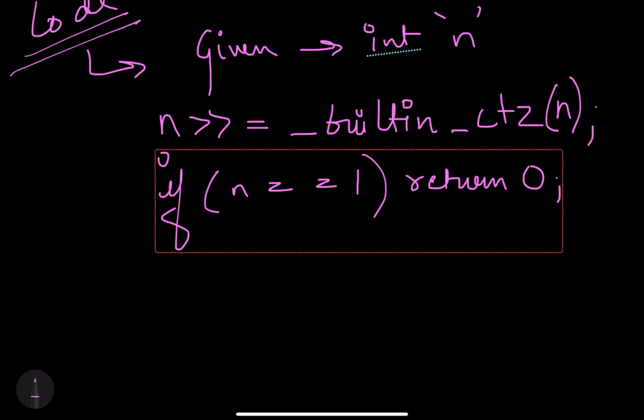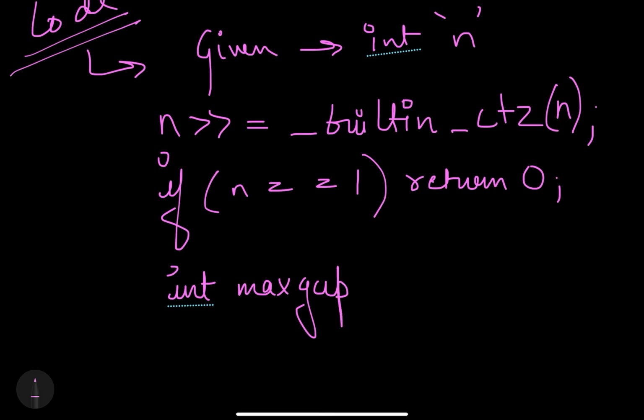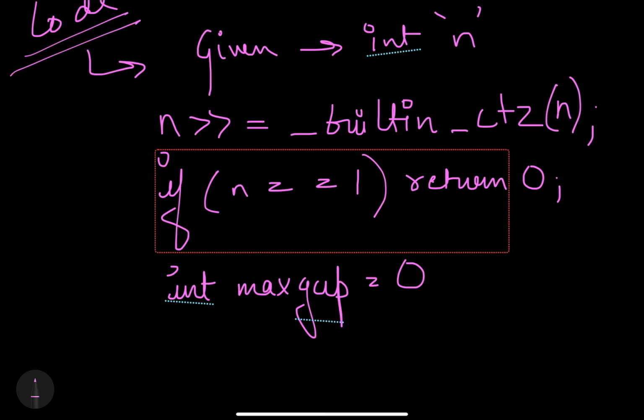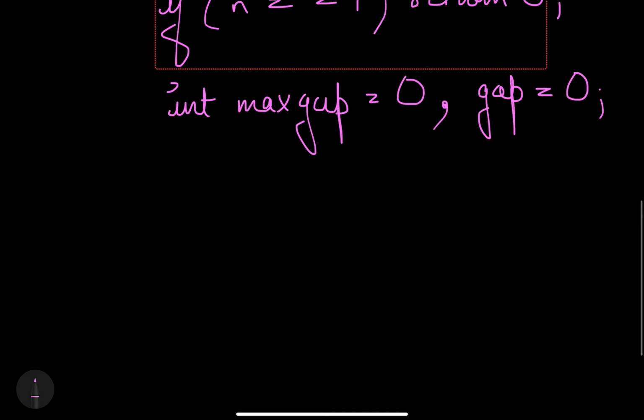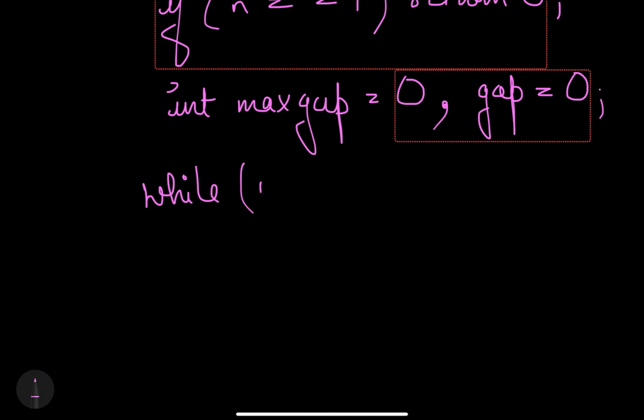Okay, now we'll take a variable to store the maximum gap between any two adjacent 1s, and another variable to store the current gap between any two adjacent 1s. Now we'll run a while loop, which will do what?